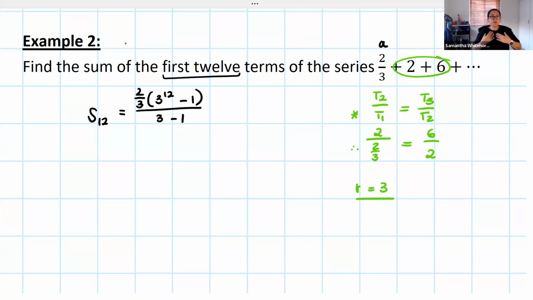Now, girls, please just be careful when you do go and substitute this into your formula, because obviously now you've got a fraction in a fraction. So just be careful when you do put it in on your calculator. You shouldn't have a problem, but just be mindful of it. Alrighty, so chuck that into your calculator. In the chat, let me know what you get as your sum.